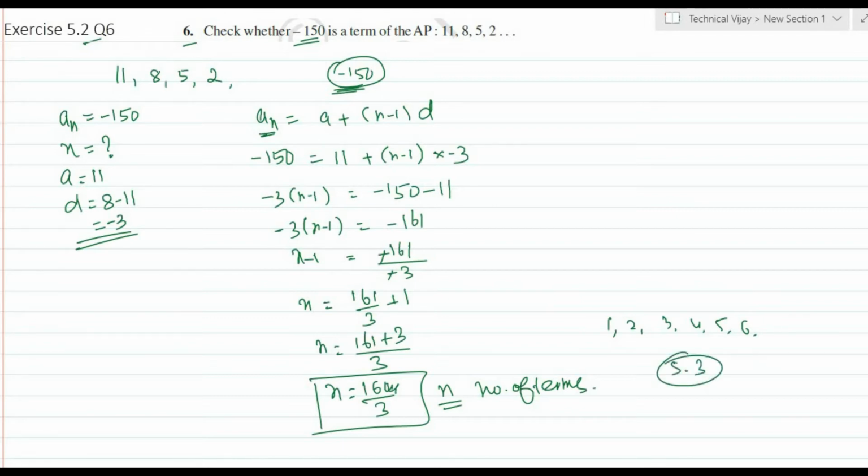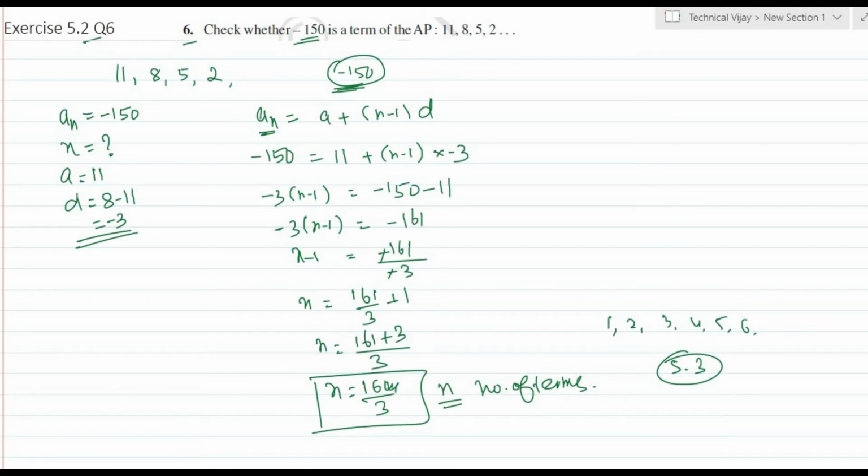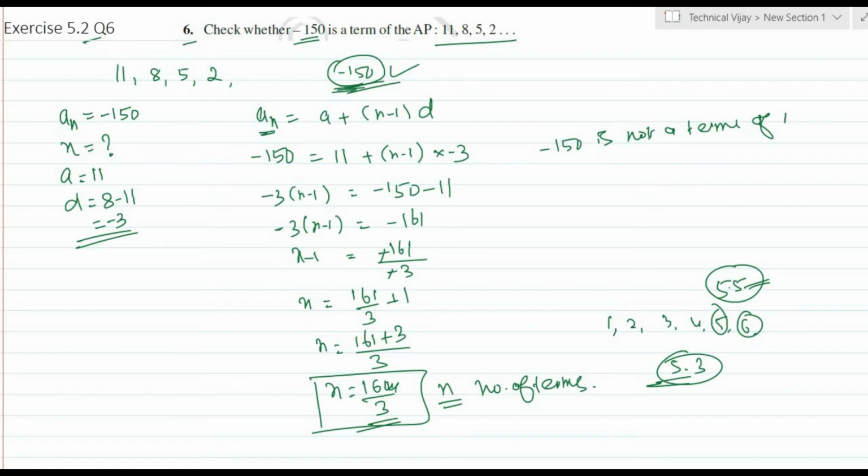Such a term does not exist. So n is equal to 164 by 3 means the number of terms cannot be a fraction. It should be a whole number, like 5 or 6, and it should not be 5.5. Hence minus 150 does not exist in this series. So minus 150 is not a term of the AP.